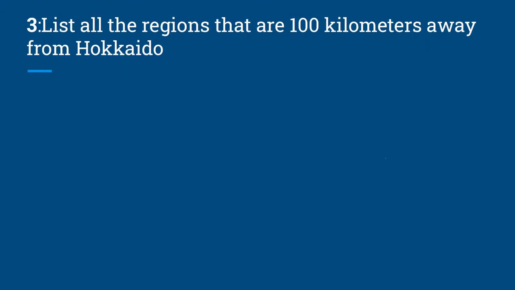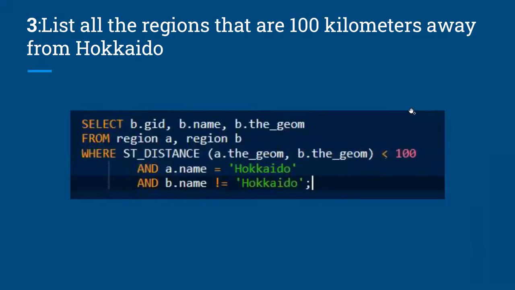Similar to the one before, but what would be the function here? Something related to distance. It is distance. In this case, we would be retrieving where the distance between A.geometry and B.geometry is less than or equal to 100. So how would this go?